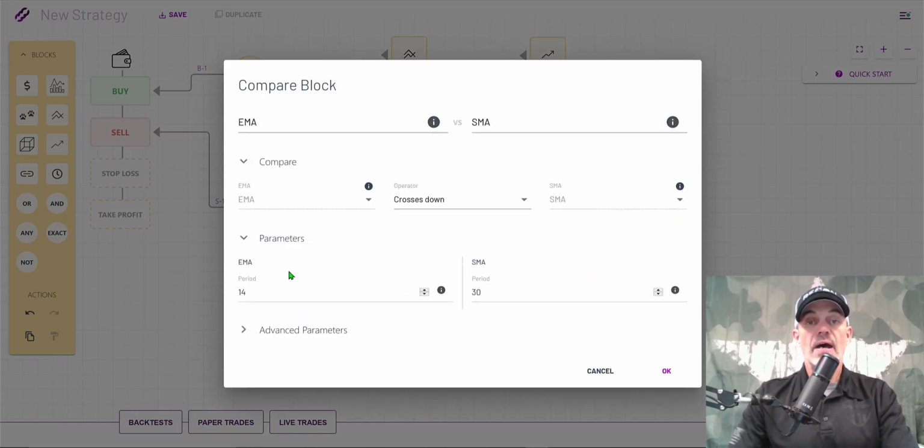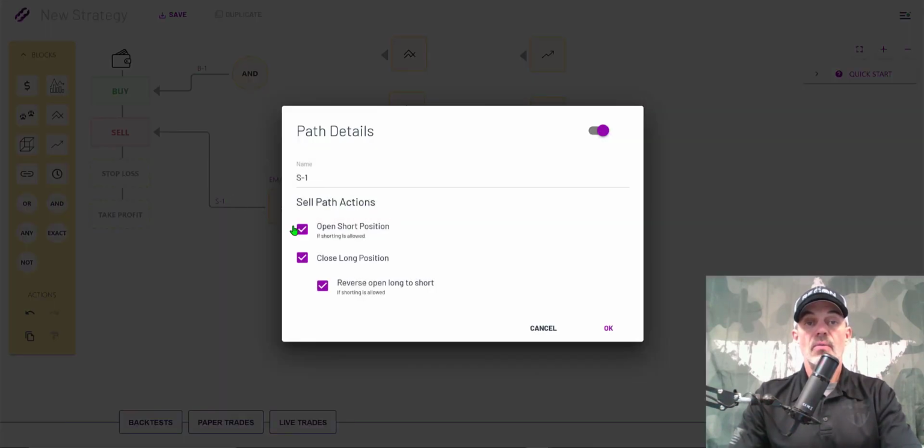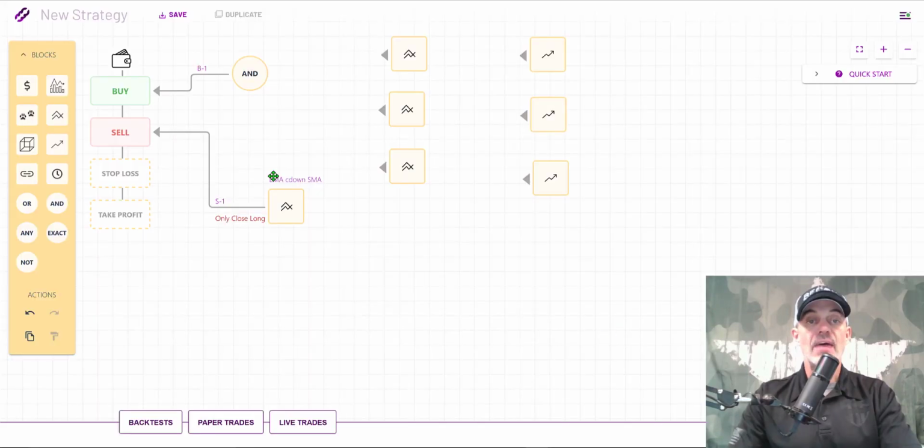As far as the periods, it was the 20 EMA crossing down through the 100 SMA. And we click OK. Then you click on the line and the little pencil here, and I only want this to close long positions.